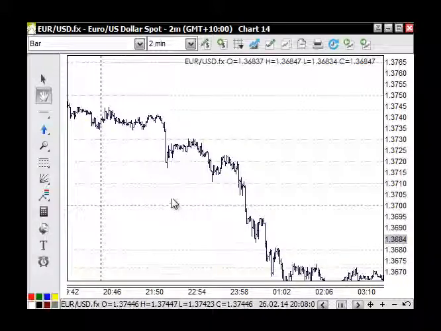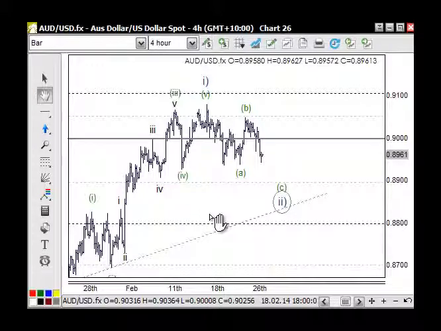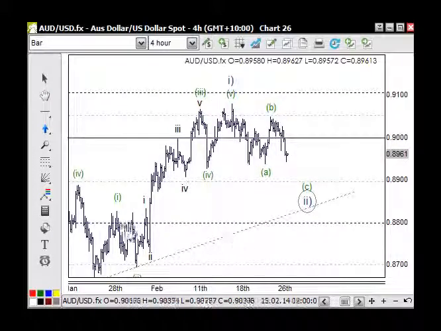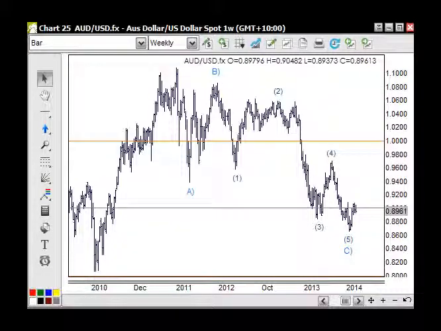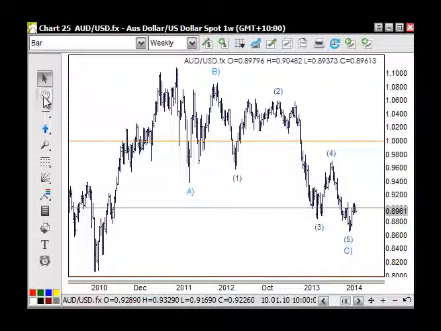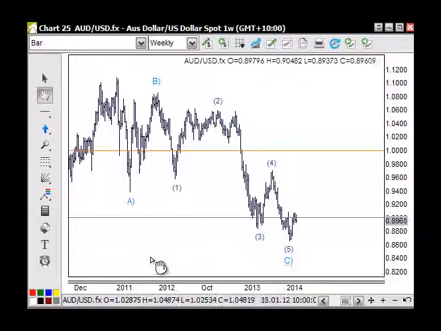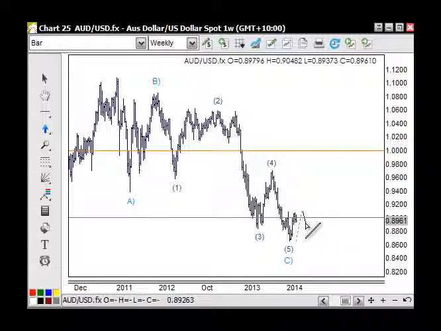All right, moving on to the Australian dollar as well. It's been quite interesting. In the bigger picture, this weekly chart here is one of the counts that we have in play, with a low in here already, and we're looking for basically 5 waves up, for 1 here, an A and a B and a C coming back is what we're looking for now, and then pushing up from there.